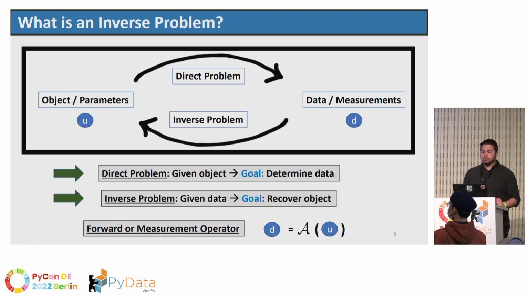And the direct problem is how the object is mapped to the data. And the inverse problem is then going the other way. So how do we, from the measured data, go back and obtain the quantity we're interested in? And we typically write it as this kind of mapping. So we have an operator here, a forward or a direct operator that maps the image to the data.